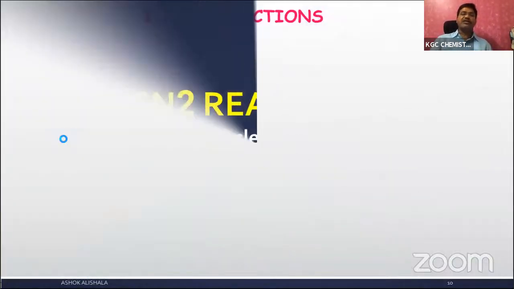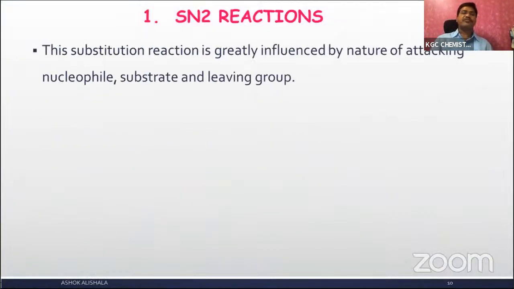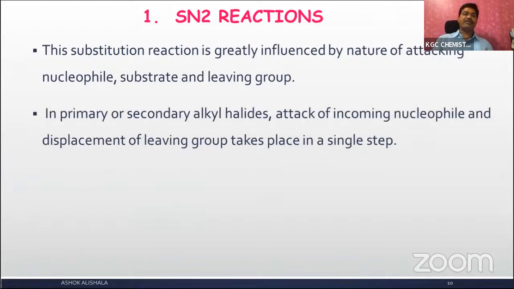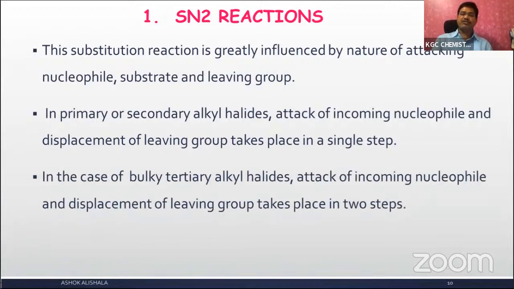Now let us see the SN2 reaction. This substitution reaction is greatly influenced by the nature of the attacking nucleophile, substrate and leaving group. In primary or secondary alkyl halides, attacking of the incoming nucleophile and displacement of the leaving group takes place in a single step. In the case of bulky tertiary alkyl halides, it takes place in two steps.